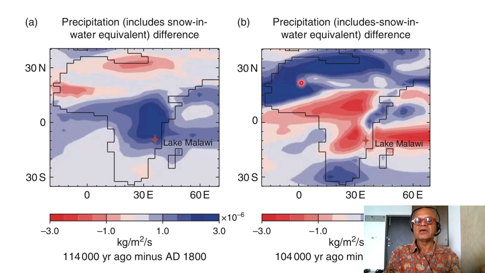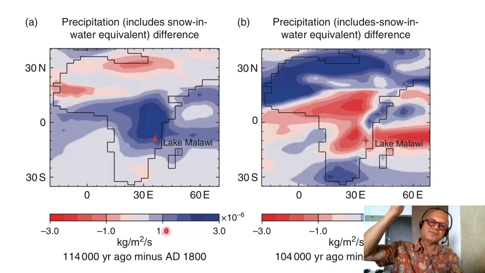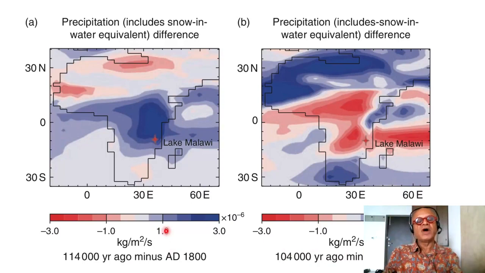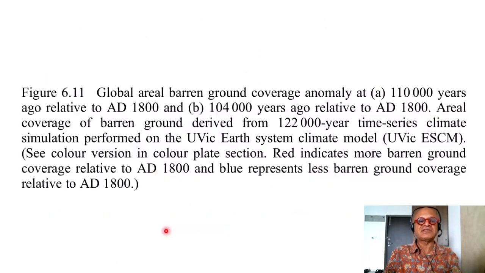So things like greening of Africa, which happened in the Holocene, can be reminiscent of these sorts of changes, where you're going from precipitation decrease compared to 1800 to a massive increase compared to 1800 in about 10,000 years. Obviously, you're going from one MIS stage to another MIS stage in terms of stadial and interstadial.